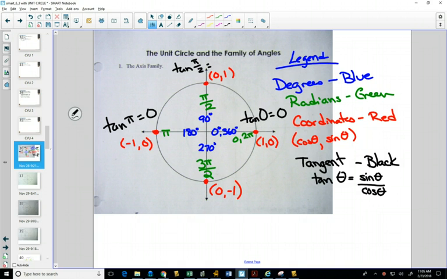We just say that it is undefined. It is not possible. And same thing if you would do tan of 3 pi over 2, it is also undefined because you would have negative 1 divided by 0. This is our first family of values, all the values on the axes.